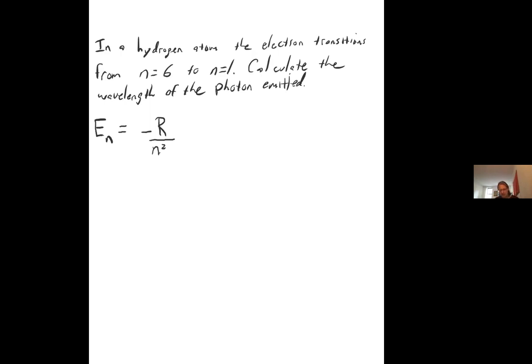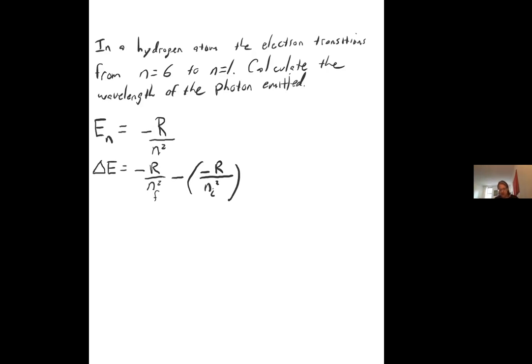So the logic of this is that if you want to find the difference in energy between those two levels, you do minus R over n squared, where you're doing the final value of n, right? The final value, minus R over n initial squared. n final minus n initial.